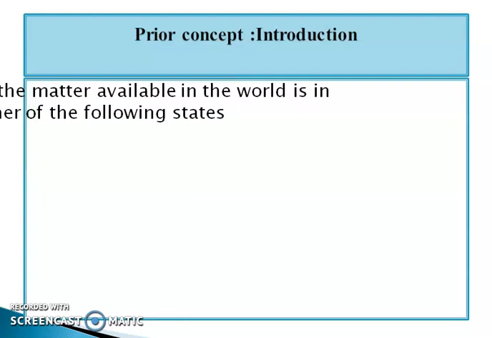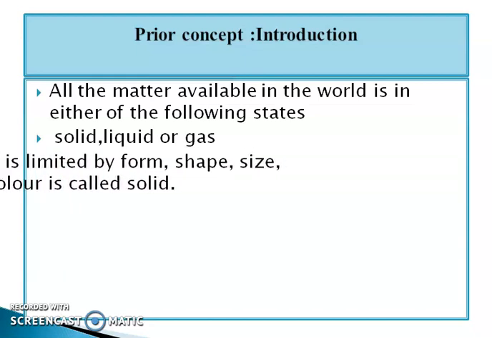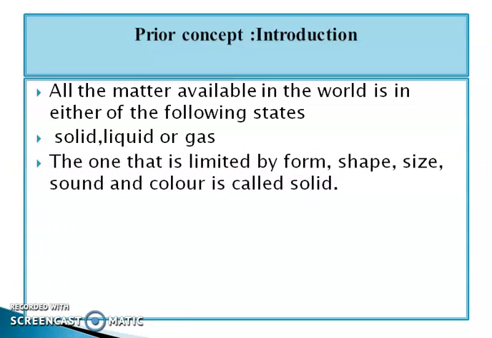All the matter available in the world is in either of the following states. Yes, you know these states very well, which are solid, liquid and gas. Of these, for crystal, we require the concept of solids, the one that is limited by form, shape, size, sound and color is called solid.